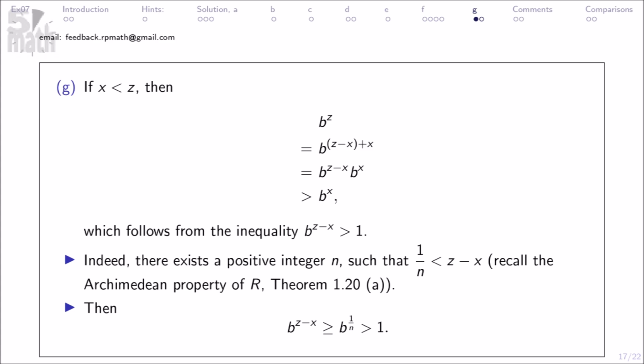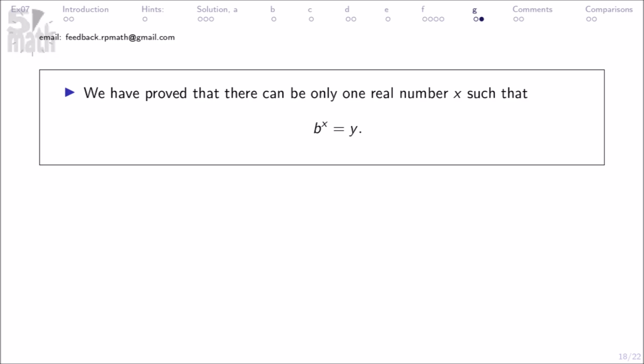Recall the Archimedean property of R, Theorem 120a. Then, b to the z minus x greater than or equal to b to the 1 over n greater than 1. We have proved that there can be only one real number x such that b to the x equals y.